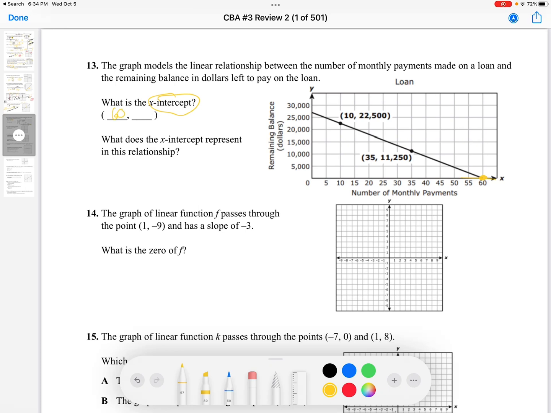So X is 60 when Y is 0. What does this mean? In terms of the situation, it takes 60 months to pay down this loan. So we could say after 60 months, the loan is paid off.